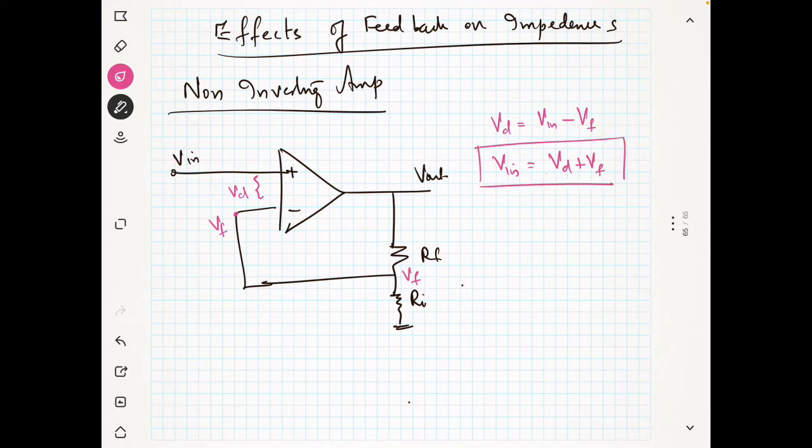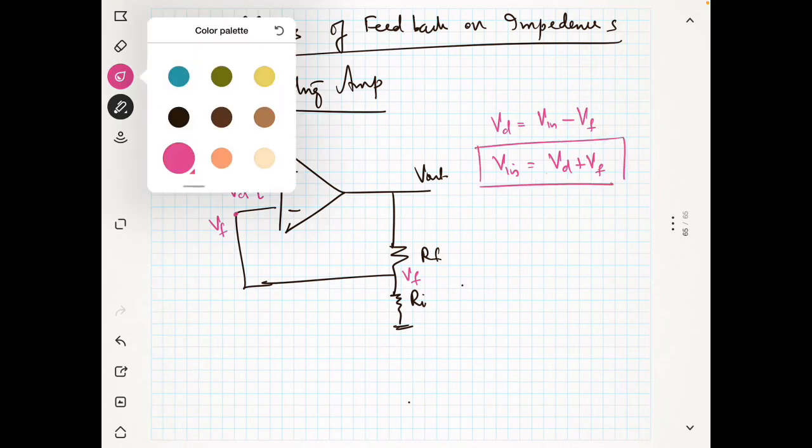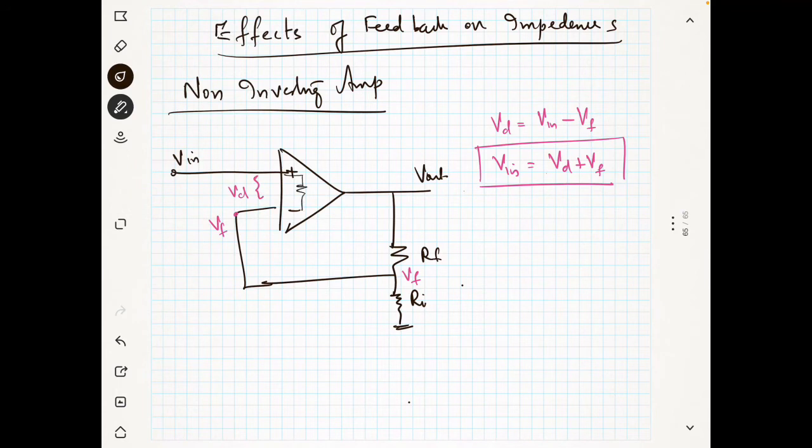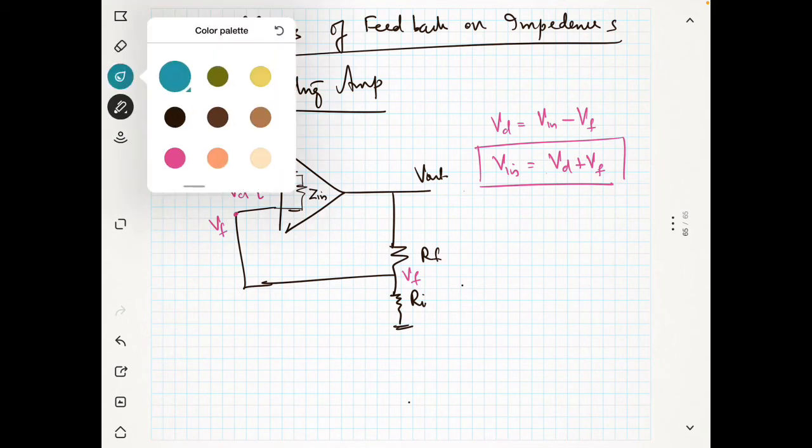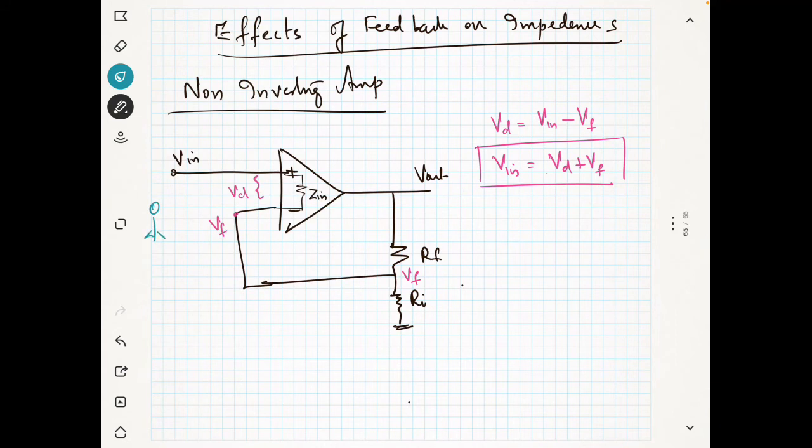Now what is my input impedance? I told you that for the op amp, basically there is some input impedance here, and this input impedance is Zin. But what will happen if you connect the whole thing in a closed loop? If you take a single op amp, it also has Zin, but after connecting it to the feedback, what will happen? So you are standing here and observing from this side.